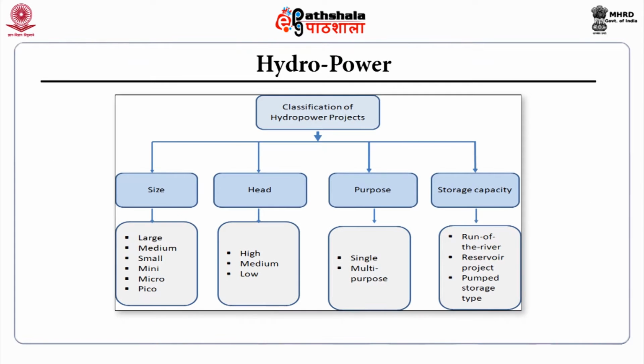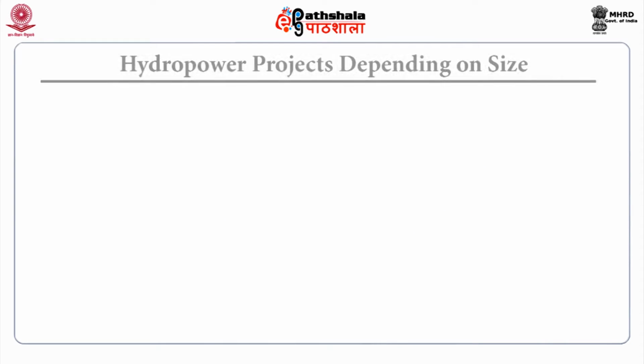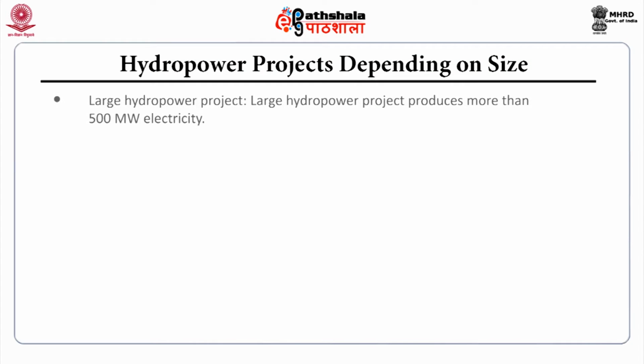Now, classification of hydropower projects depending upon their size, head, purpose and storage capacity. So, first of all, hydropower projects depending upon the size. First, large hydropower projects produce more than 500 megawatt electricity.